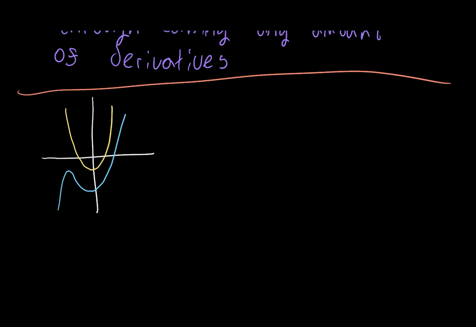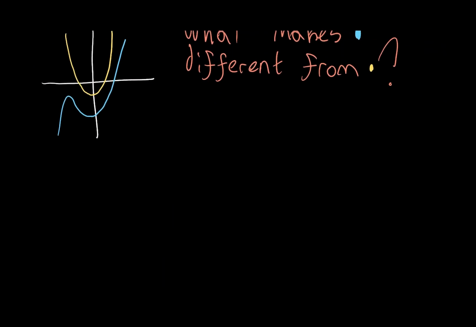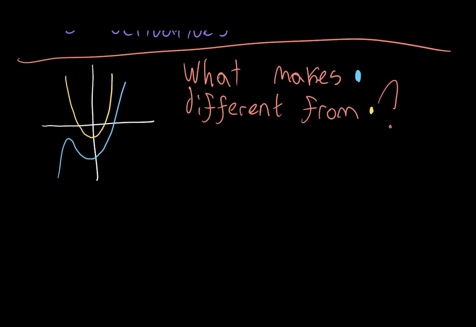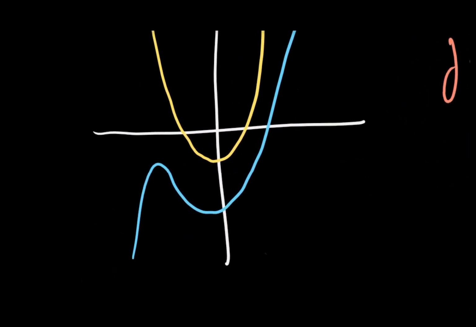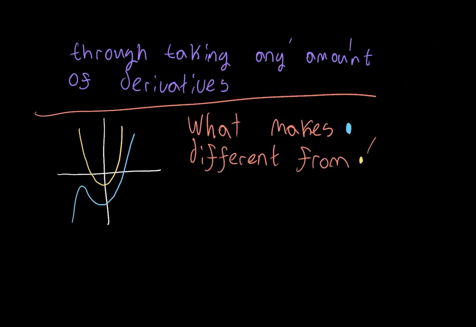And I ask you, what makes blue different from yellow? The answer might be evident: they have different slopes and curves to them. This one's kind of like a happy face, and this one's a happy face, but then it goes back down. You can tell the difference because they have different curves.